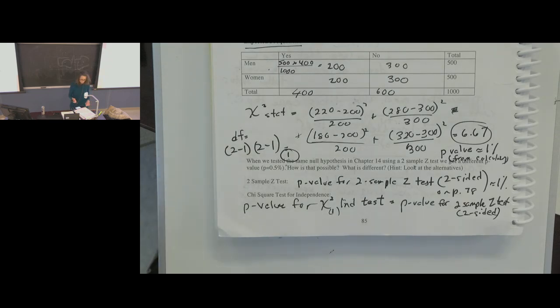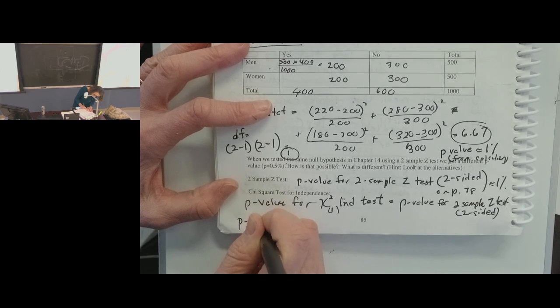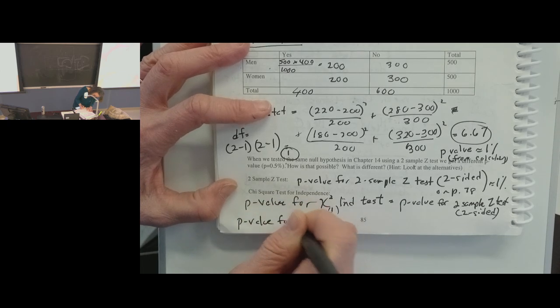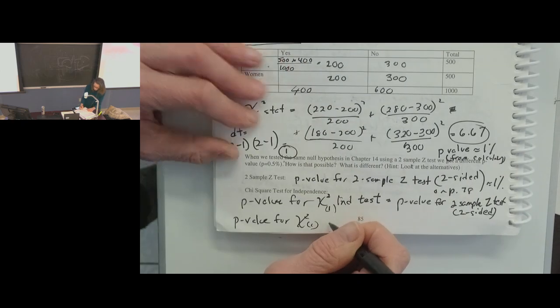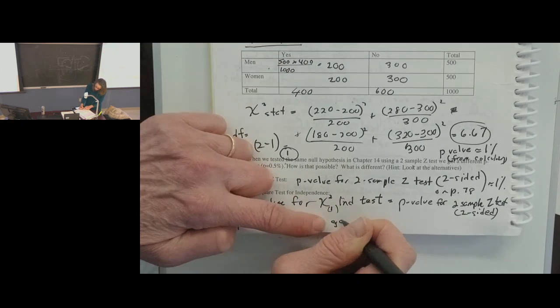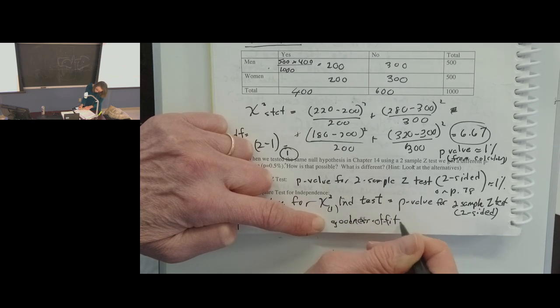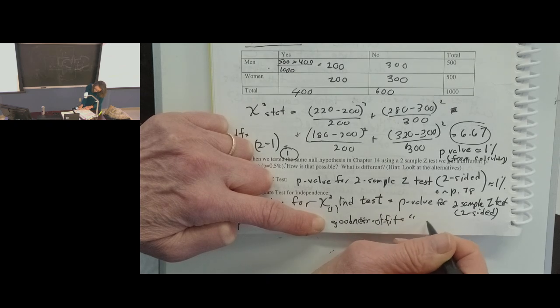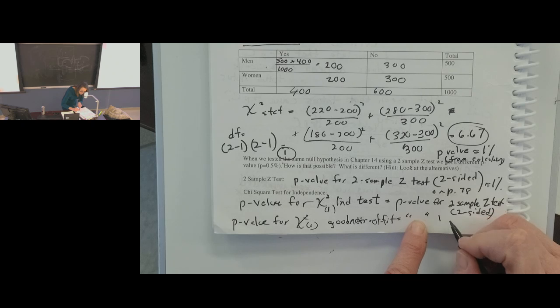Okay, and a p-value for the chi-squared goodness of fit test, we might as well write that down too. The p-value for the chi-squared with 1 degree of freedom goodness of fit test is equal to the p-value for the one-sample z-test, two-sided.